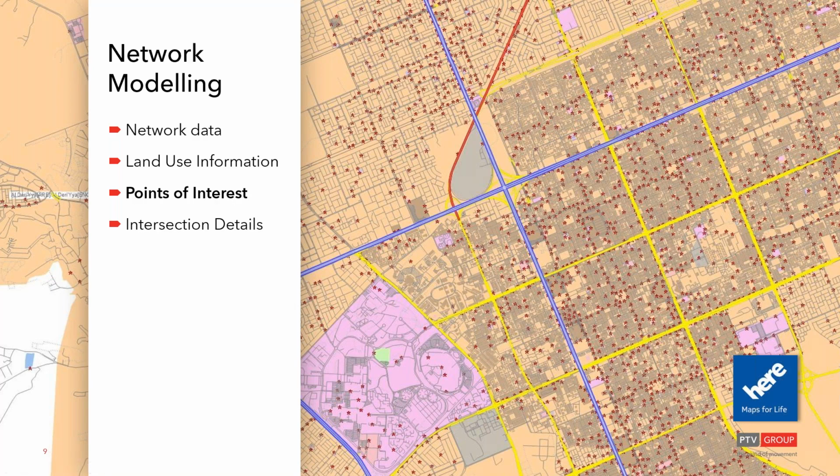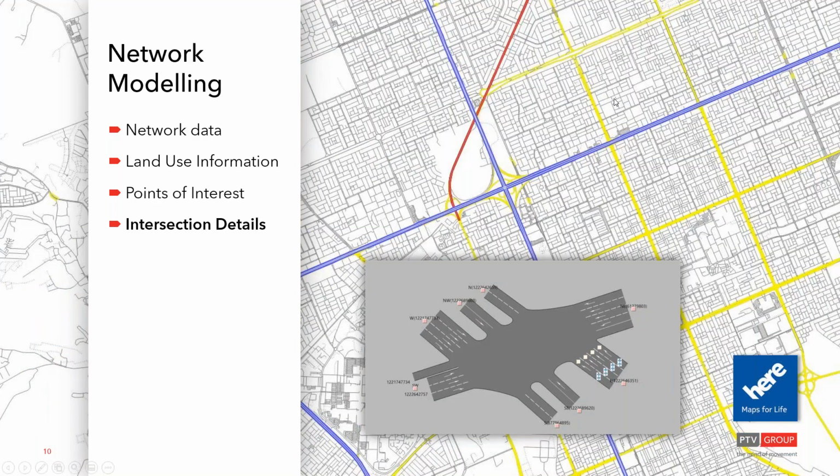What is rather new now is that we are also offering intersection details in some areas. That is something specific where we would have to talk a little longer about what is possible and find out the availability. But this gives you more insights into the number of lanes inside intersections.